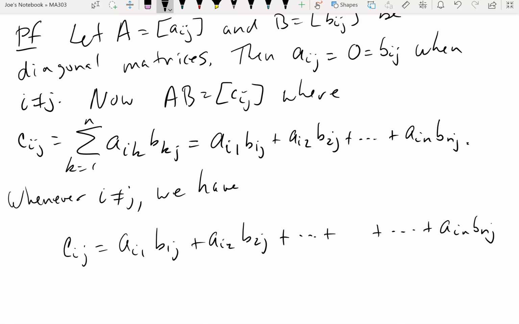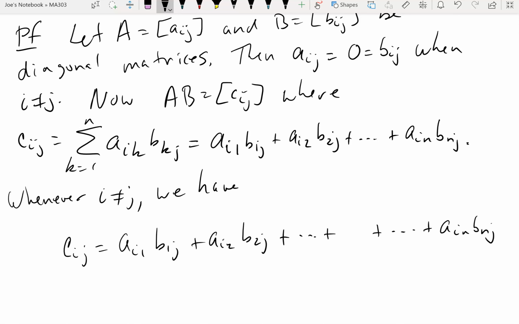Let's think about why. What do we know about the matrices A and B? Square. What else do we know? They're also the same size, and what else? They're diagonal, right? Lots of things we know. Diagonal is the one that I needed for this one. All right. So since they're diagonal, what do I know about the A's here?